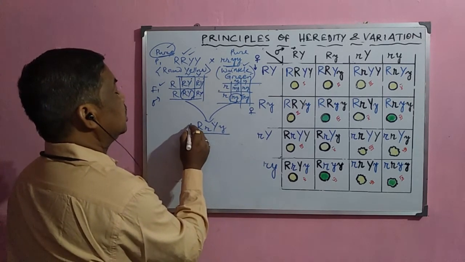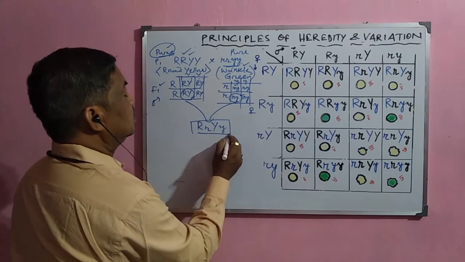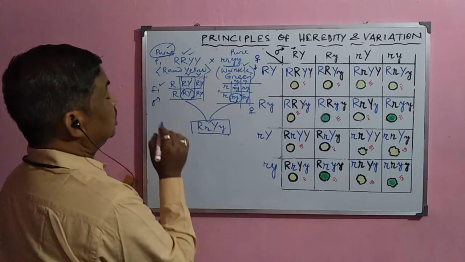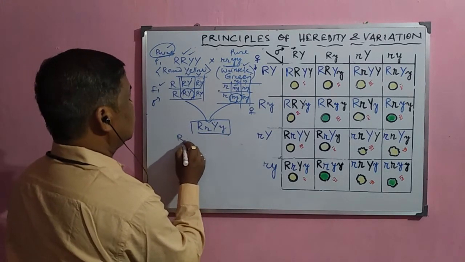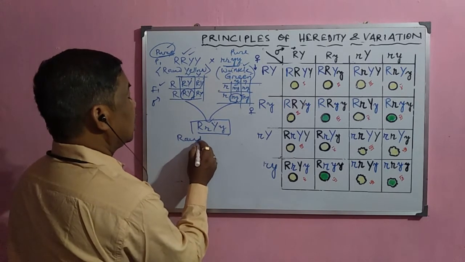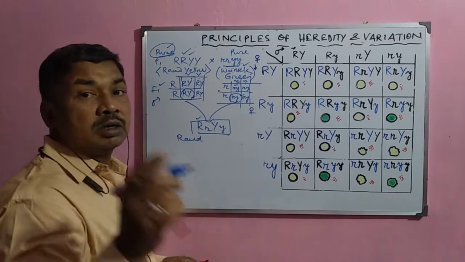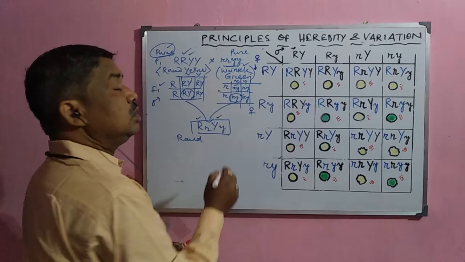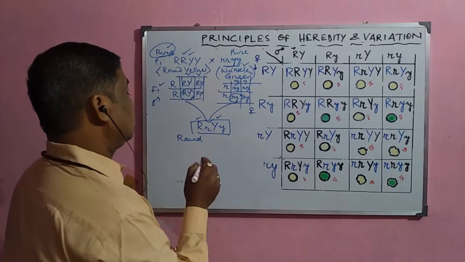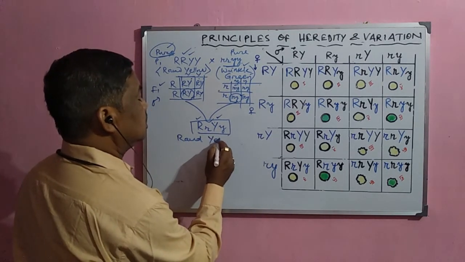Round is the dominant character and yellow is the dominant character, and both dominant characters were observed here.